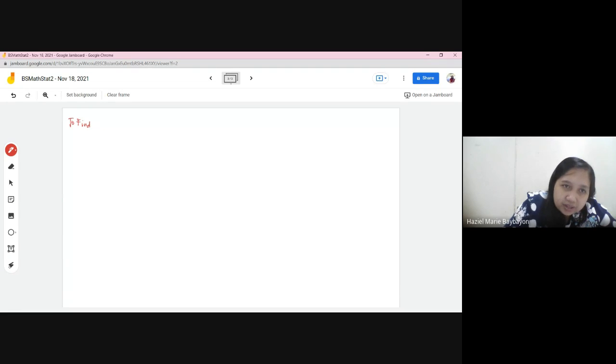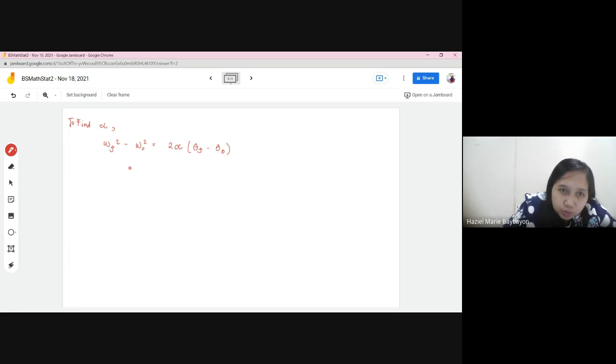So to find the angular acceleration, we have this equation: omega final squared minus omega initial squared is equal to 2 alpha multiplied by theta final minus theta initial, or this is just delta theta.